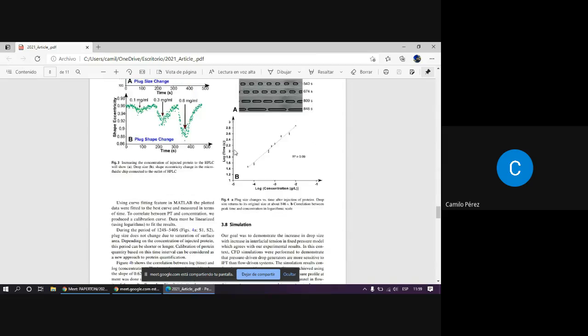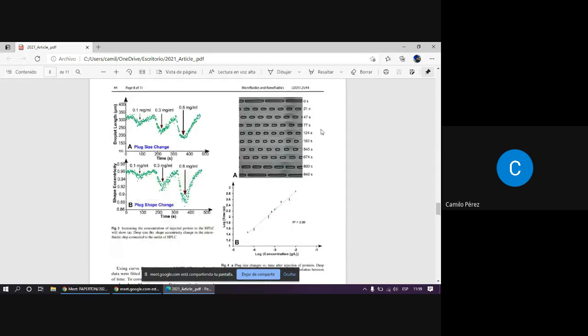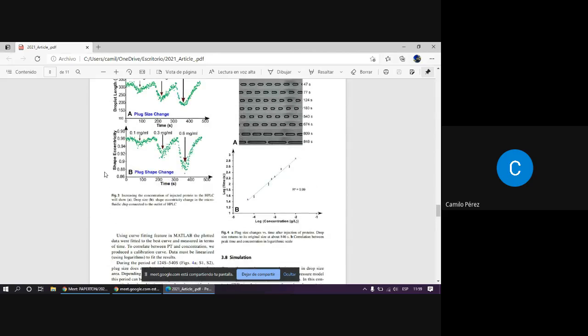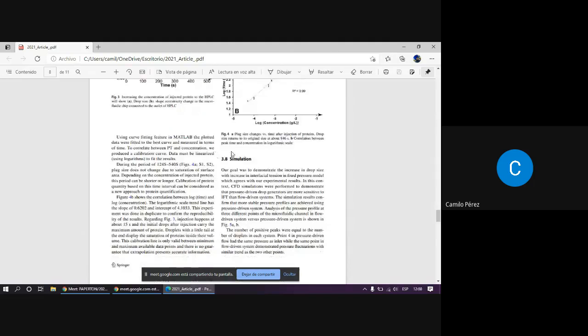It's very interesting, but we need to understand how different protein concentrations affect the form and shape of droplets. And this is compared to other, common methods, right?